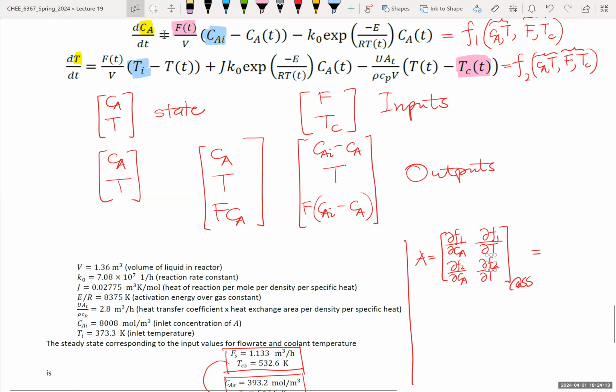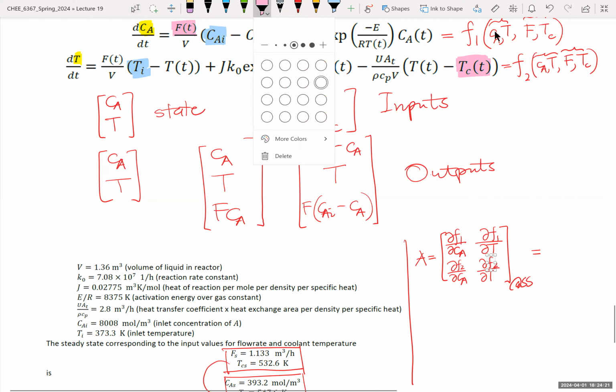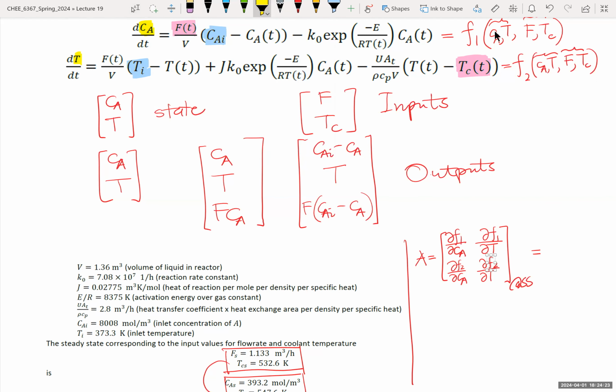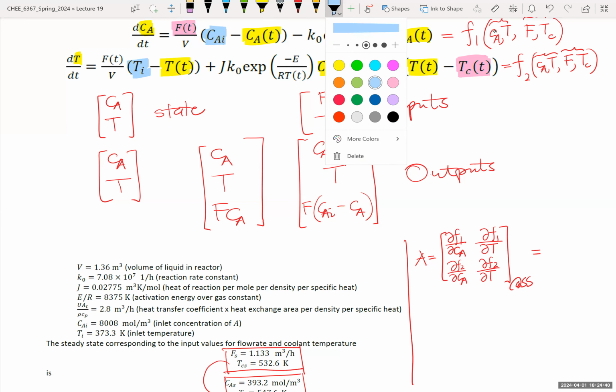This is this. So what is the partial of this expression with respect to CA? Let me highlight it. The states. So this is CA, CA, T, CA, T, T. Let me highlight the inputs as well.